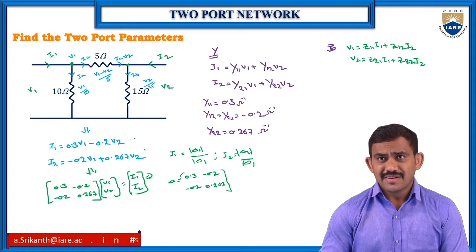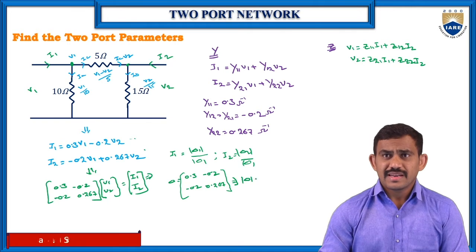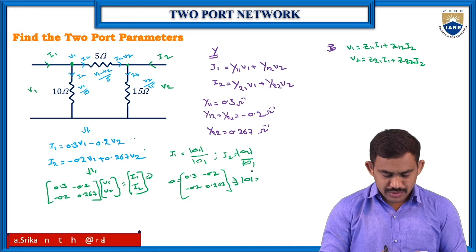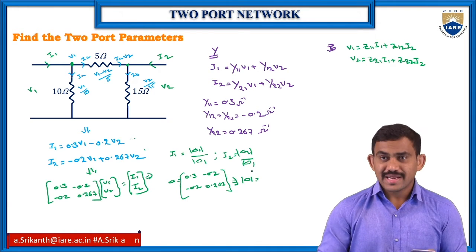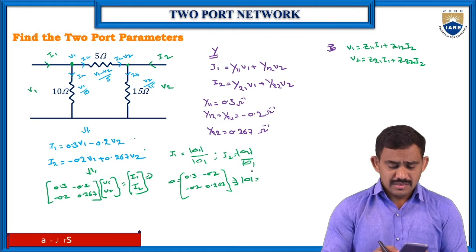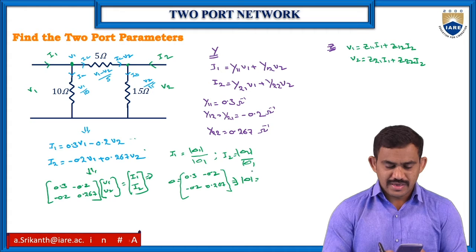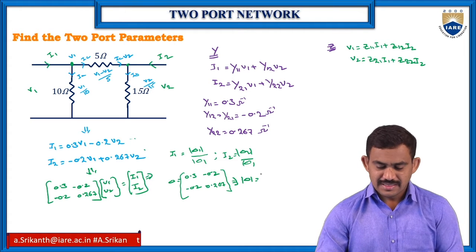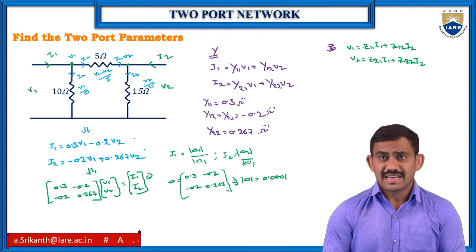For this matrix, del of delta means cross multiplication: 0.3 into 0.267, minus into minus we have plus, again minus 0.2 into 0.2. The value for del of delta is 0.0401.